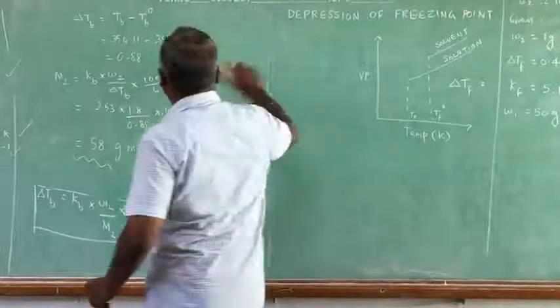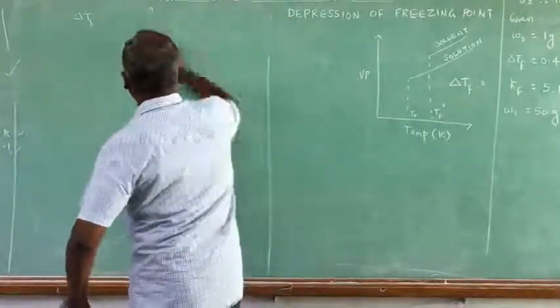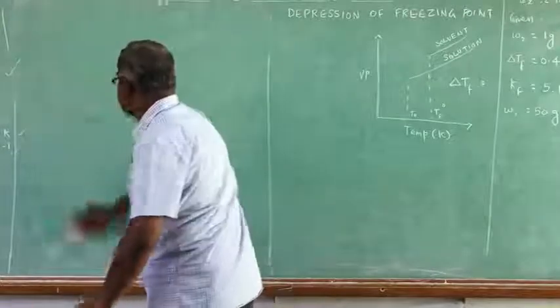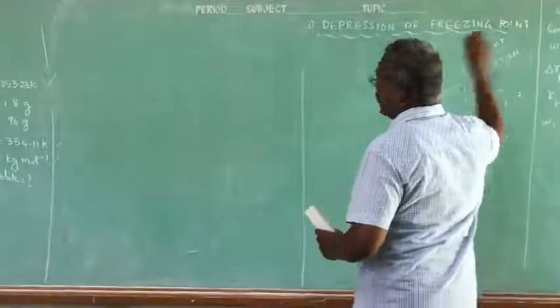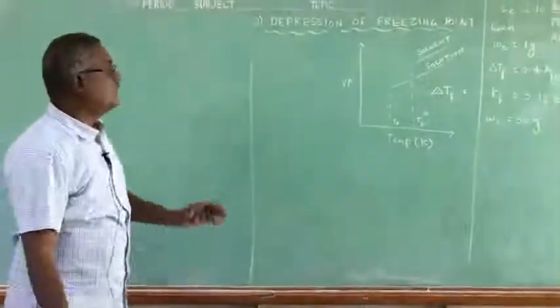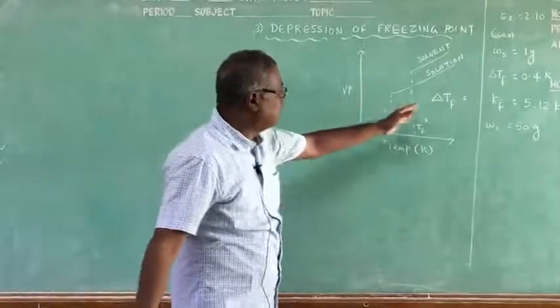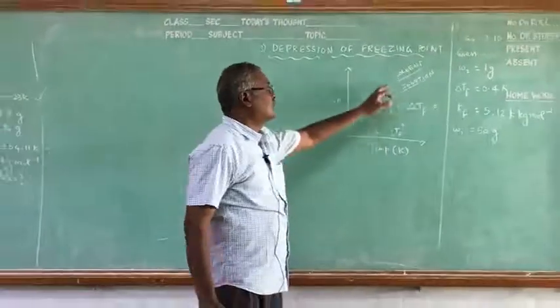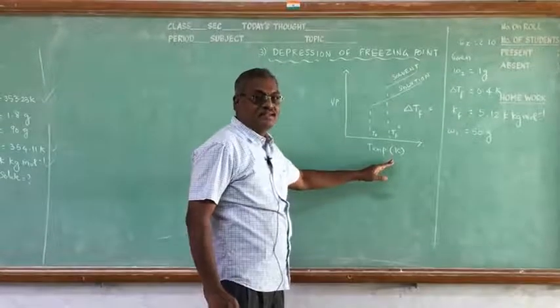Now next, the third one, we are going to study depression of freezing point. The freezing point will get lowered. Again we are drawing a graph, with vapor pressure on the y axis and temperature on the x axis.